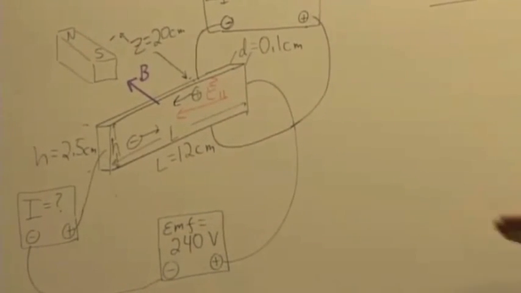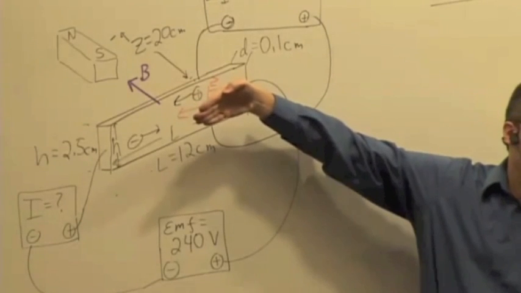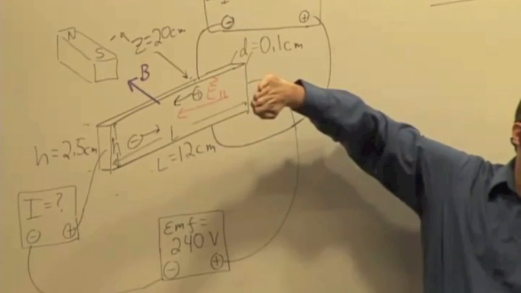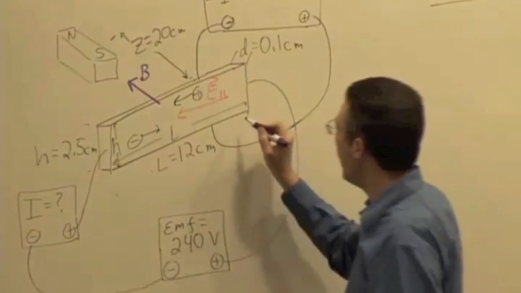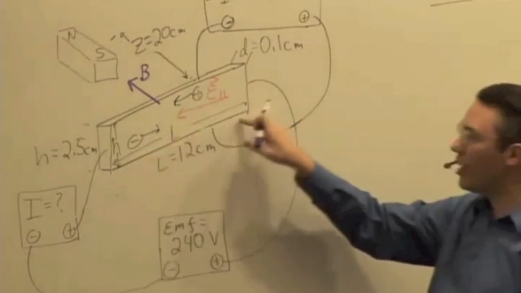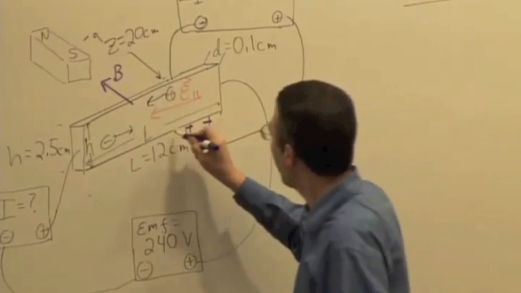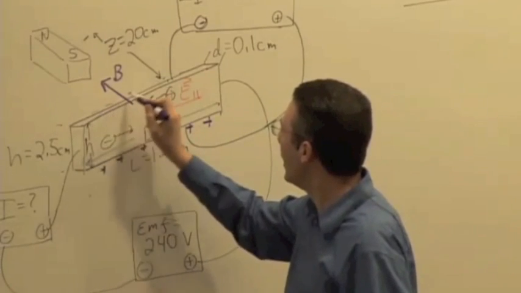So we try a positive charge moving this way. The force is going to be what? V cross B is in, force is down. So we get a polarization where on the bottom I'm going to draw positive charges, and on the top negative.